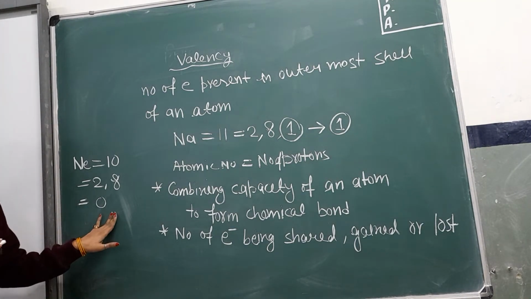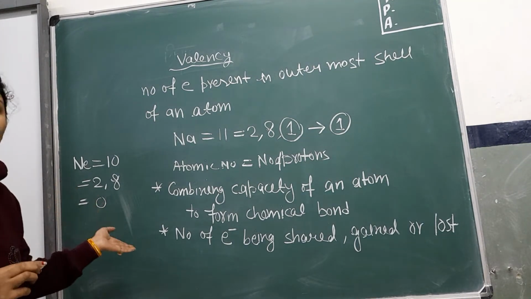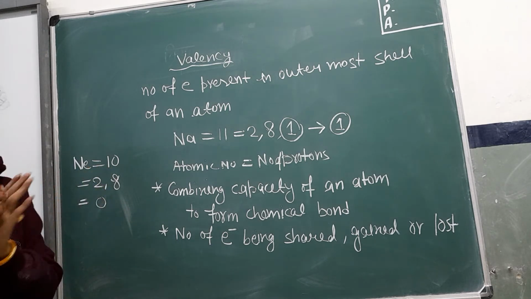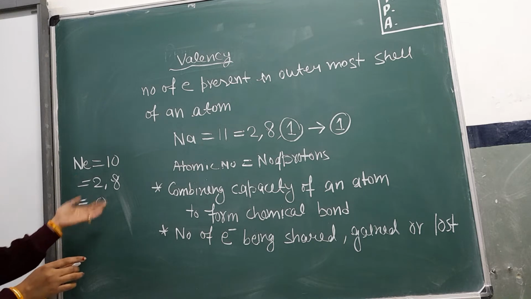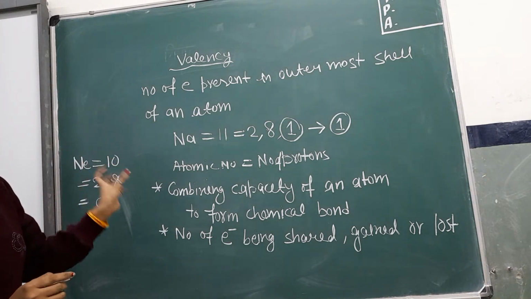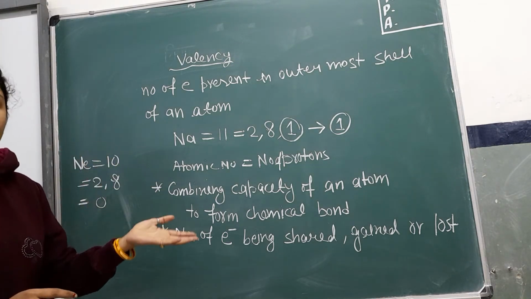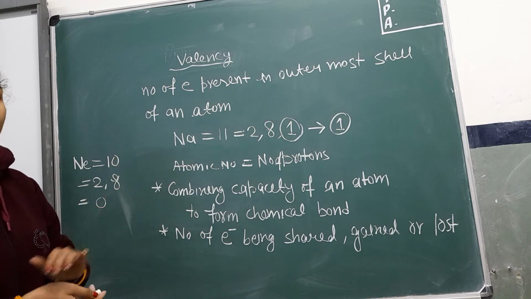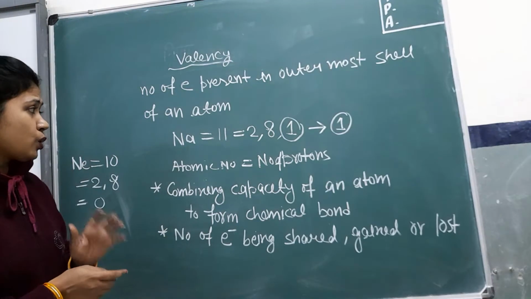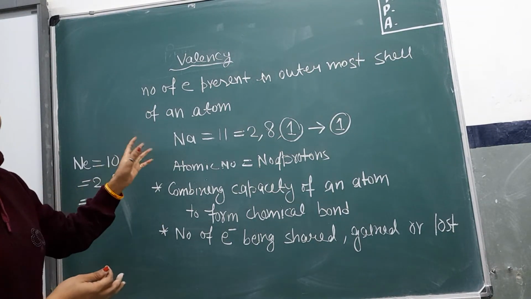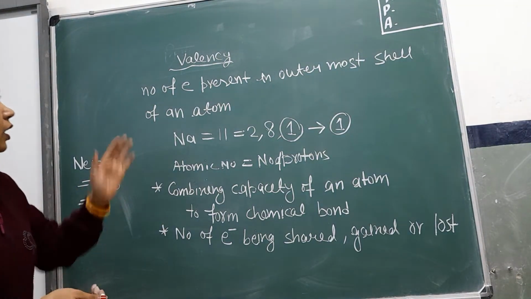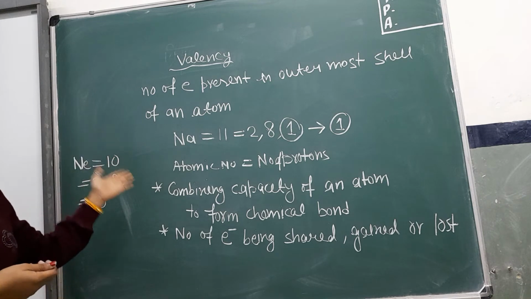So the valency of the noble gases is 0, which makes them least reactive. So the number of electrons being shared, gained or lost plays an important role in deciding the reactivity of that atom. So this is all about valency.